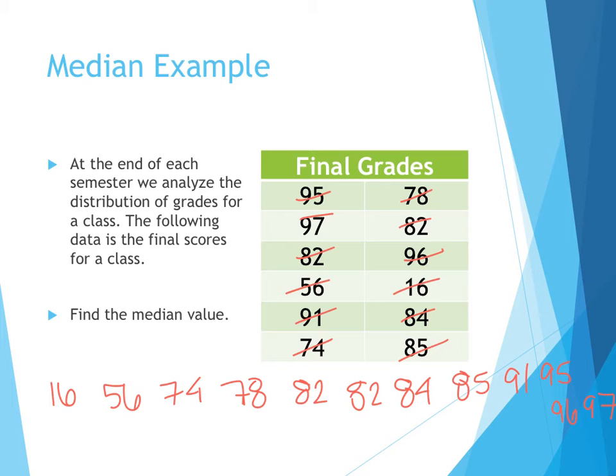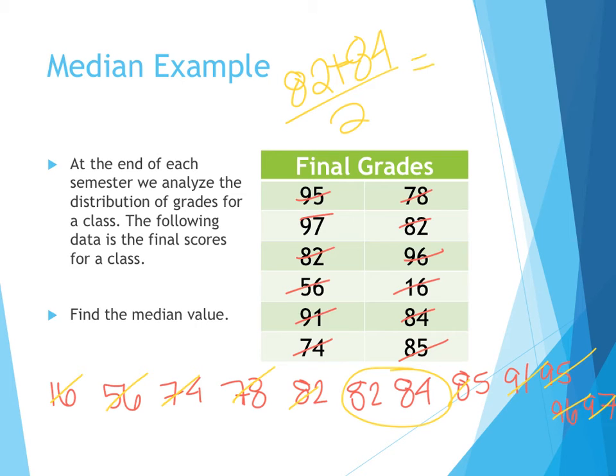And then you can start marking things off. So 16 and 97, 56 and 96, 74 and 95, 78, 91, 82, 85. And here you notice we have these two middle values. So you're going to do 82 plus 84 divided by 2, and you should get 83.